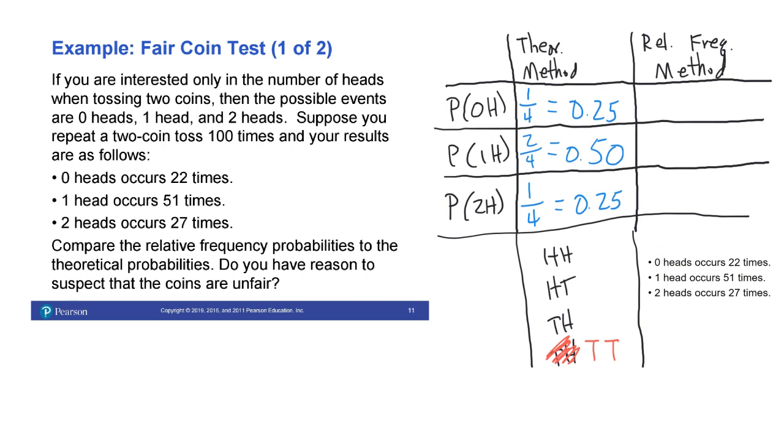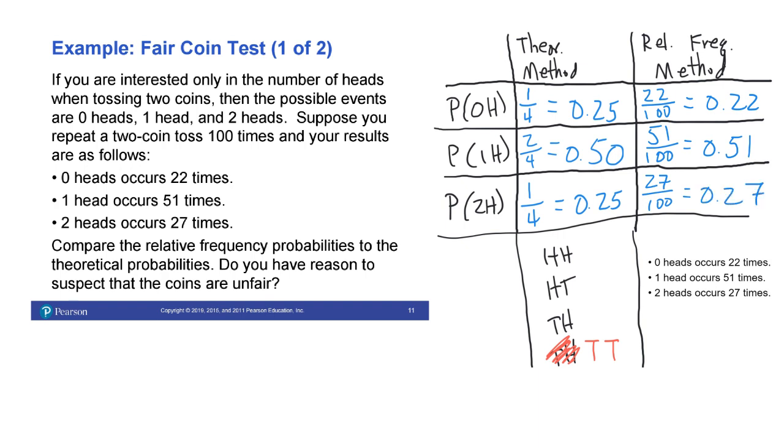So the probability is going to be 22 over 100, which as a fraction, that is 0.22. And then 1 head occurred 51 times out of 100, so the probability is 0.51. And getting 2 heads occurred 27 times out of 100 observations, so that is 0.27.